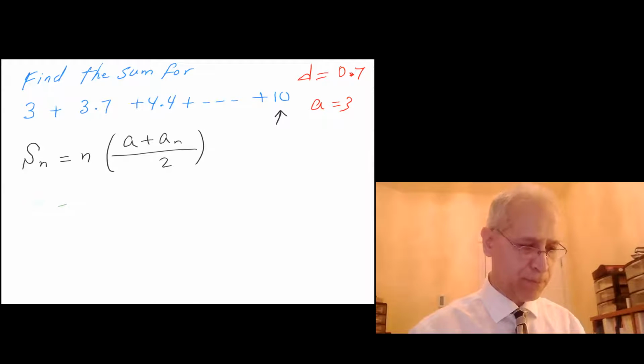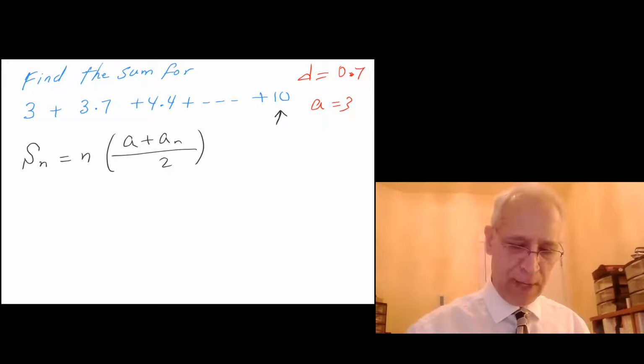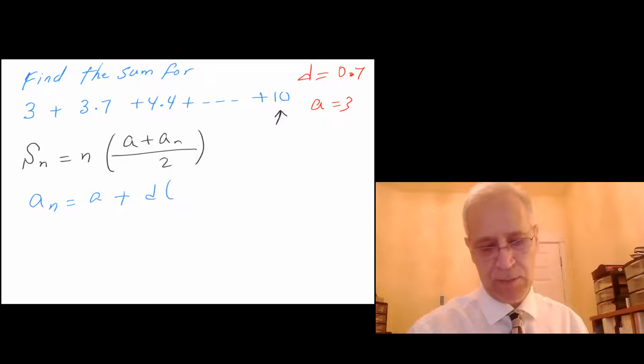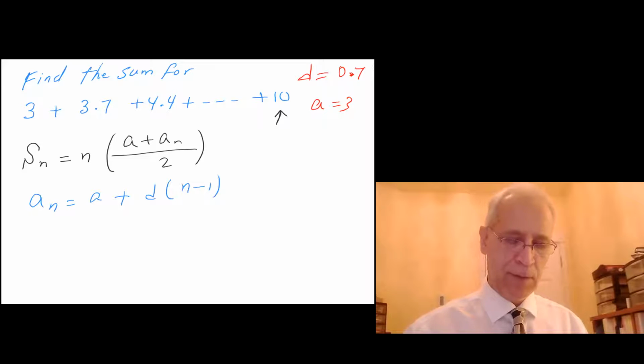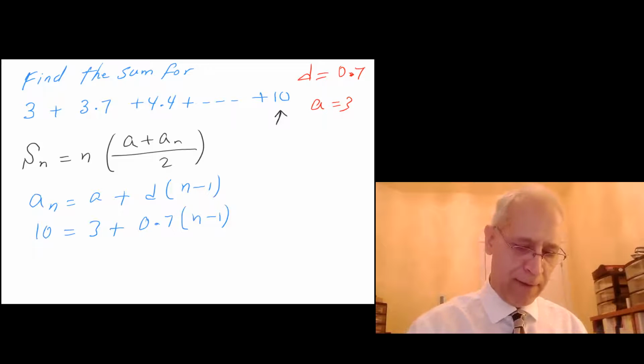Remember that a sub n equals first term plus the common difference times n minus 1. So if I say 10 equals 3 plus common difference of 0.7 times n minus 1, now I have 7 equals 0.7 n minus 0.7.